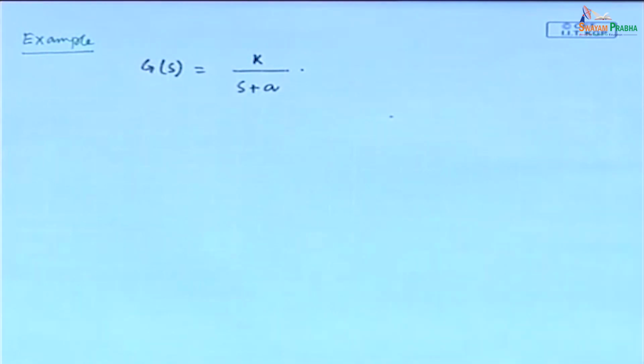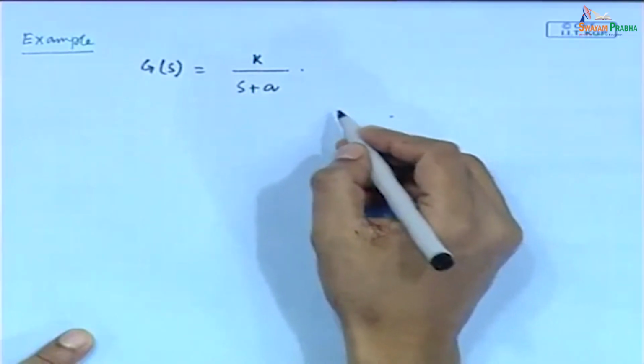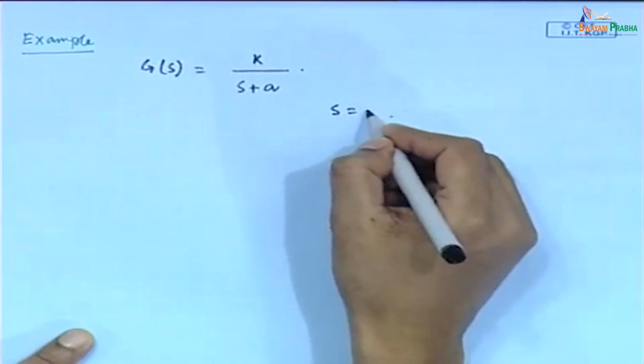So, is this a stable system or unstable system? Stable system. Why is this stable? Yes, because s is equal to minus a. So, if a is negative, not stable. So, here one pole exists at s equals minus a.